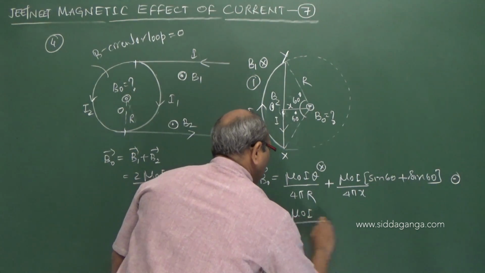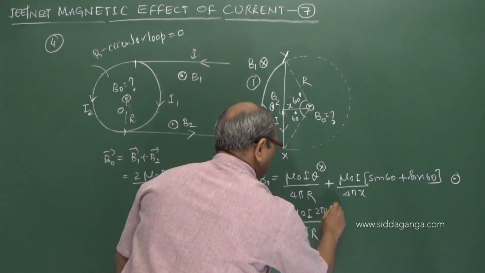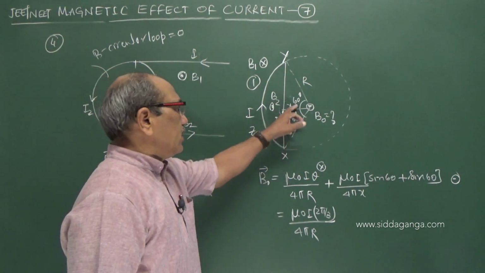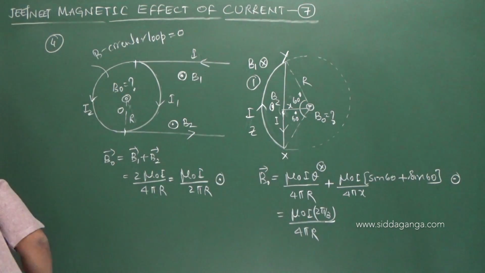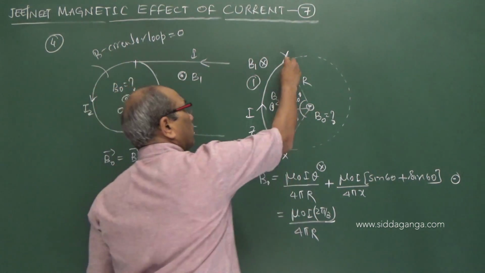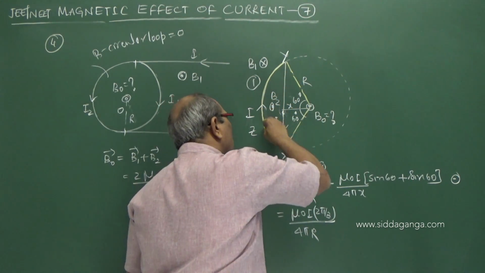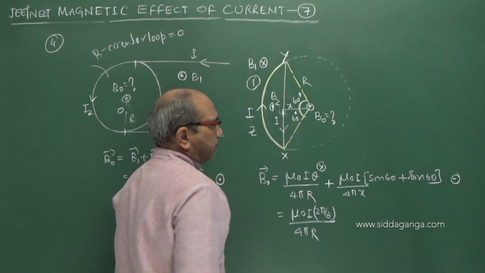Mu naught I by 4 pi r, 2 pi by 3. 2 pi by 3 is the 120 degree total angle forming at this, just if you consider the loop of this, just an arc length XY producing the field with the angle 120.